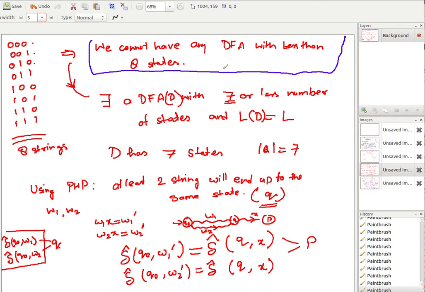But we said, okay, let's prove it by contradiction. So I took a contradictory statement saying that I can do it with 7 or fewer states. Assuming the largest one, let's assume there are 7 states. If you have 7 states and there are at least 8 different strings that I have to tackle, certainly 2 of the strings will end up in the same state.